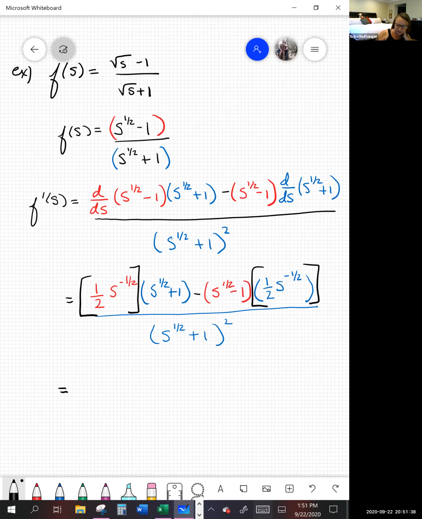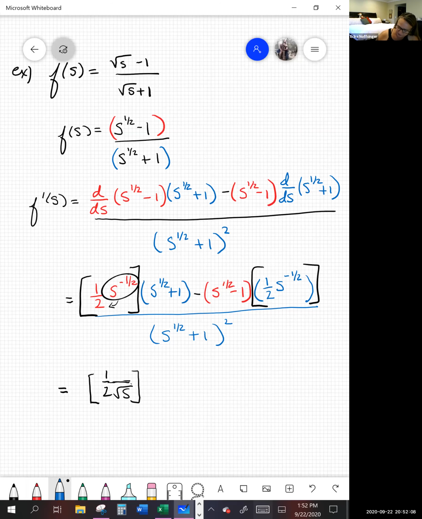But if we pull this out here, this 1/2, s to the negative 1/2, and at the same time, let's bring this down to the denominator and make that a square root. Because remember, the square root of s was s to the 1/2 power, so this is the square root of s. So I just pulled that out.